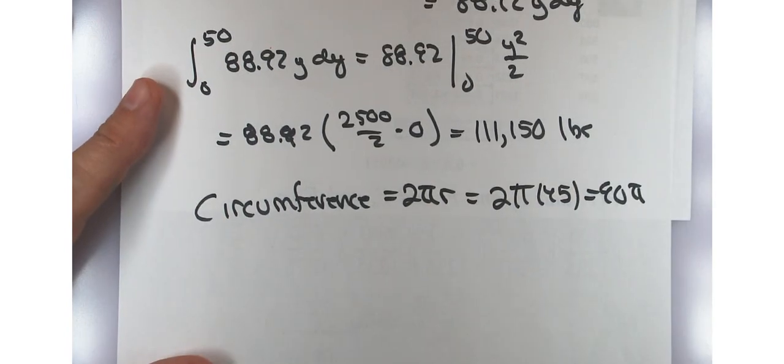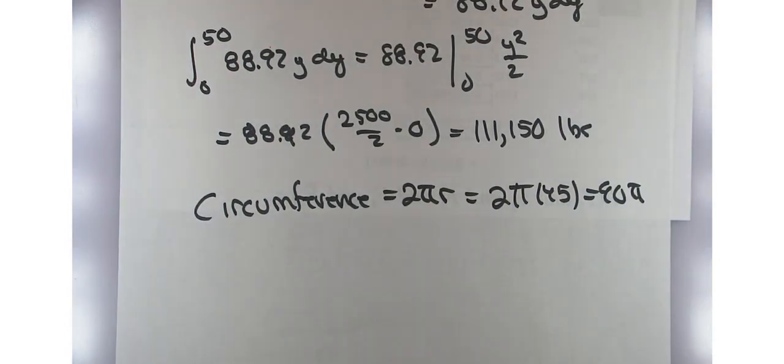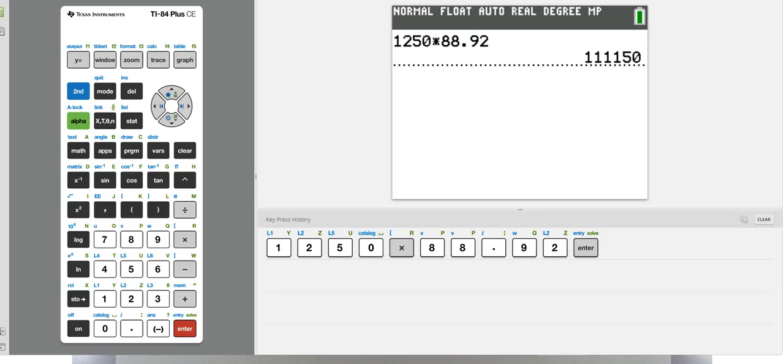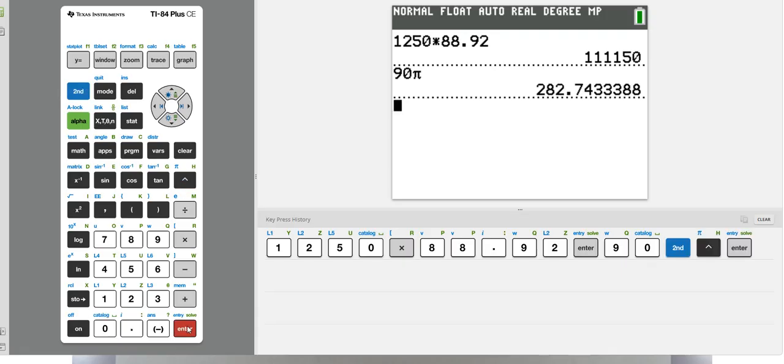Let's figure out how far around that is. So 90 pi, 282.743. That's going to be feet.